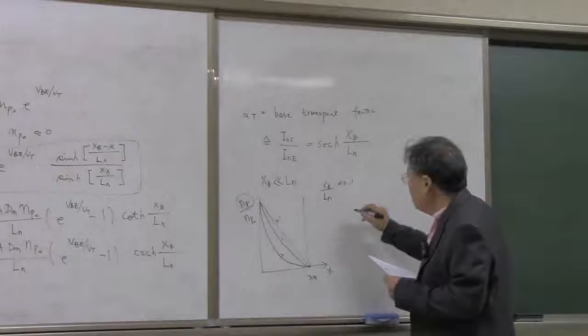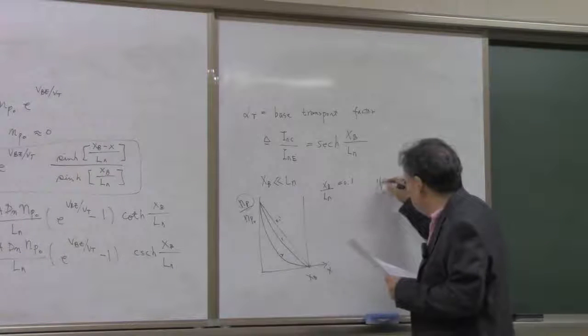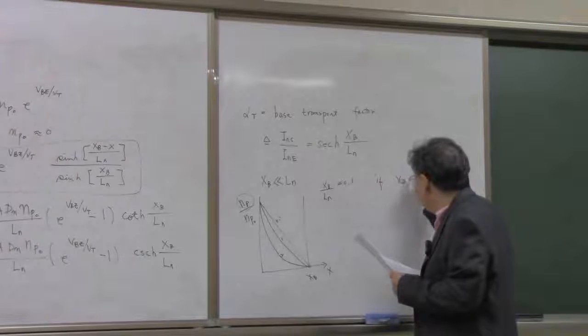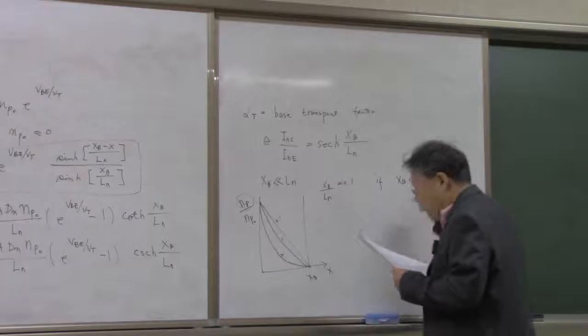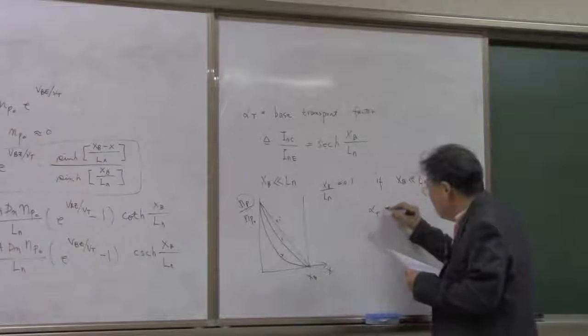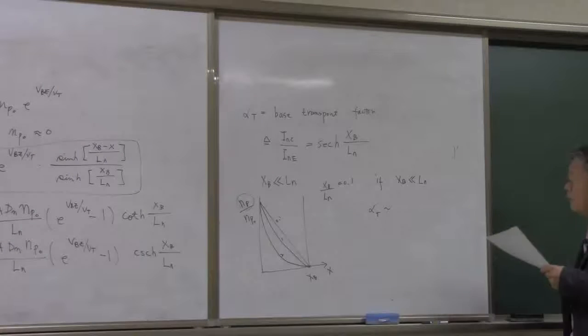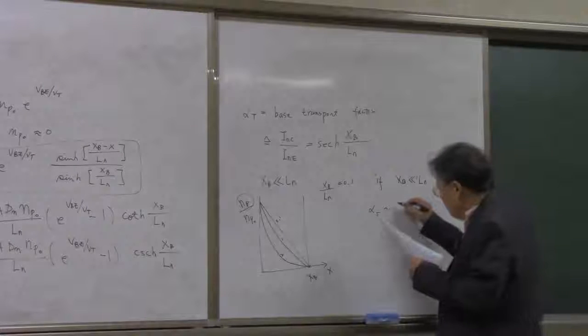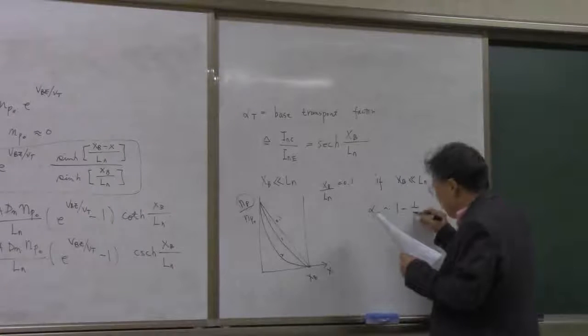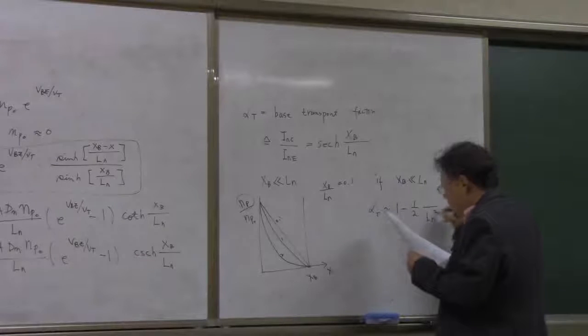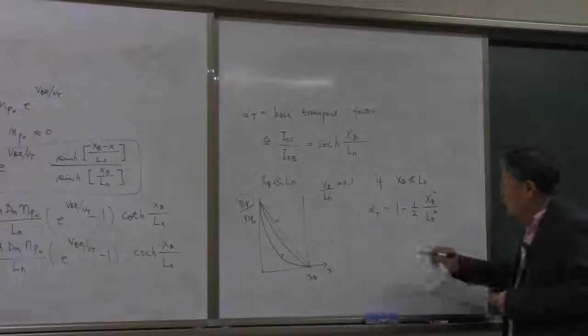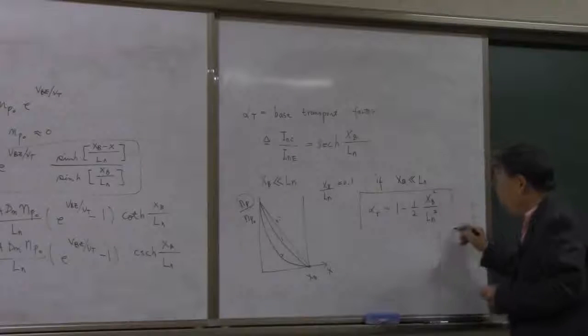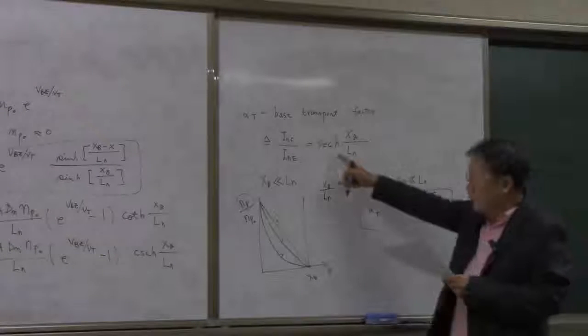Okay, under the assumption that xb is much less than ln, the base transport factor is going to be approximated to these values from this equation.